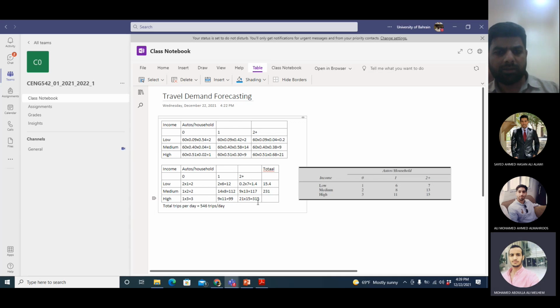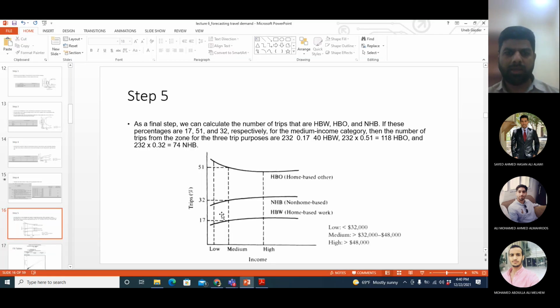And the last one is 315 plus 99 plus 3, 102 and 315, 417. Right? Yeah, 417. The step which I missed was this one, which is the percentage of trips for each purpose.